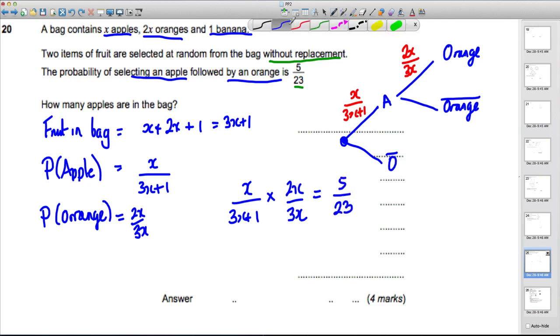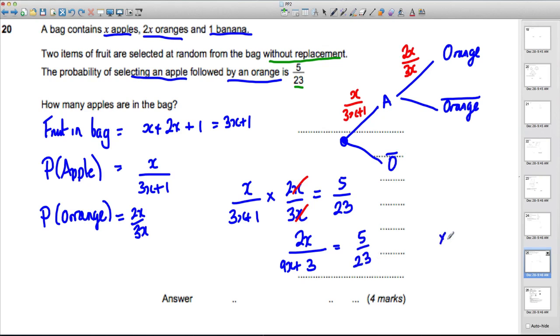Now, just before you launch ahead and start multiplying, there's an x timesing on top, x timesing on bottom here. They would cancel. So then you could just do 2 times x and 3 times this. So you would get 2x over 3 times this would be 9x plus 3 must equal 5/23.